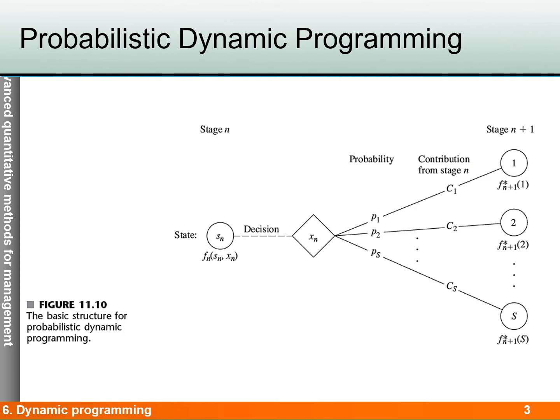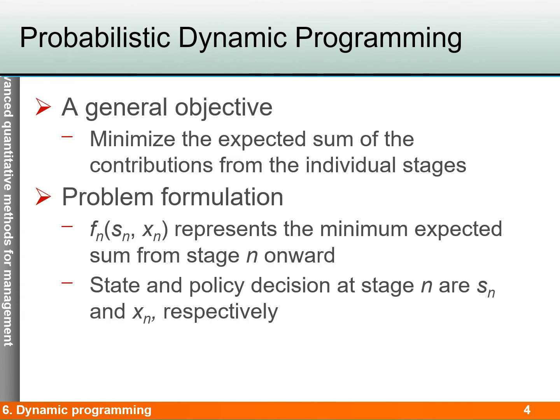In the real case, in the examples, if we expand this to include all the possible states and decisions at all the stages, it is sometimes referred to as a decision tree. We remember in the previous chapter we had the concept of decision tree, and it summarized everything about this example.